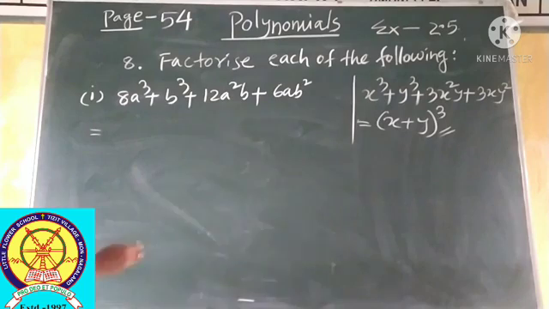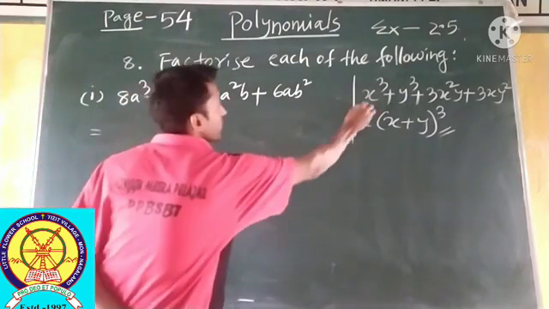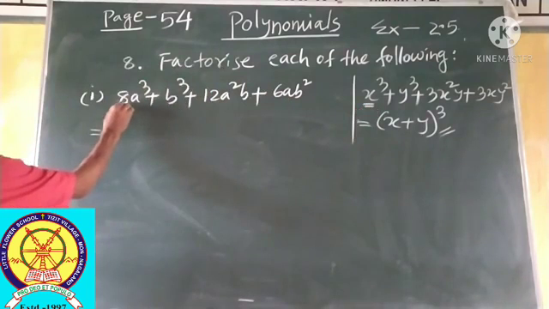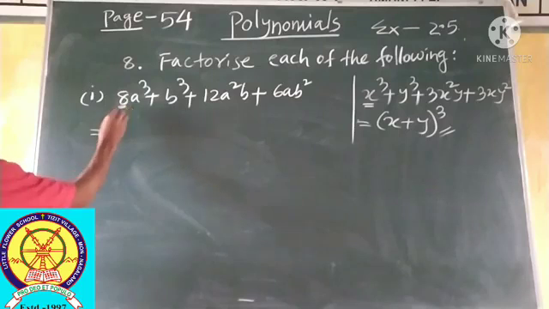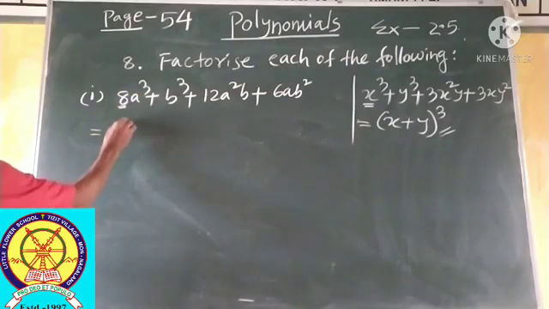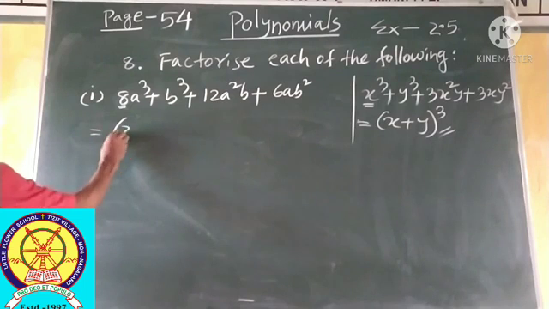Here you see in the identity, x cube is in cube form. But in your question, this 8 is not in cube form. So first of all we have to write this in cube form. We know that 2 cube is 8.